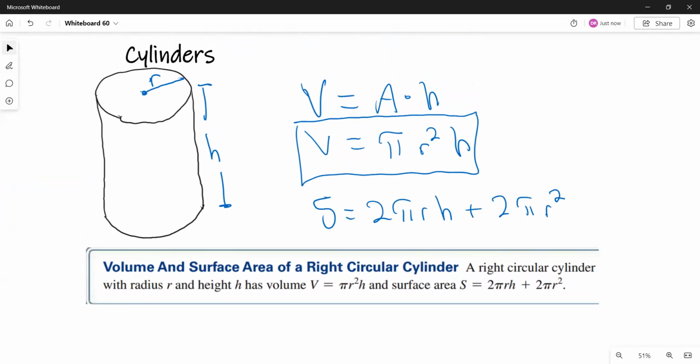I'm going to go over example 2, involving the volume of a cylinder.